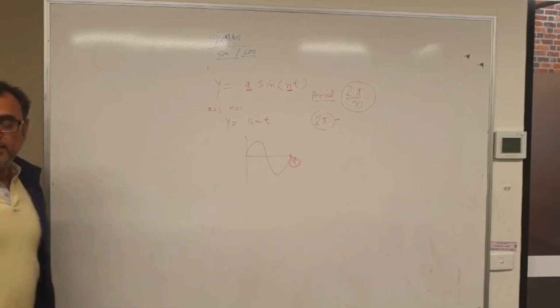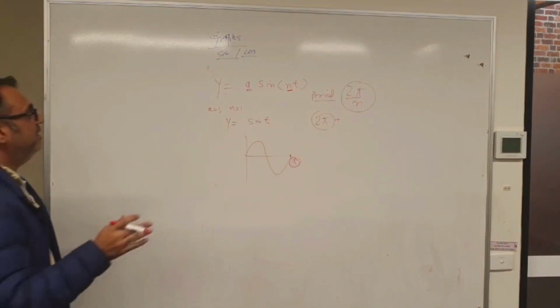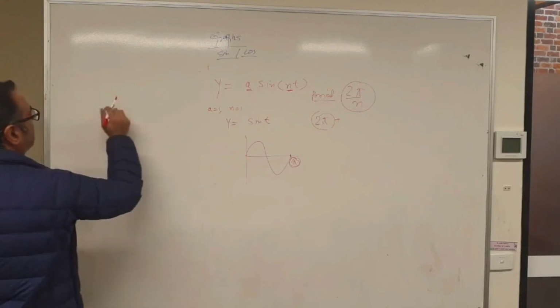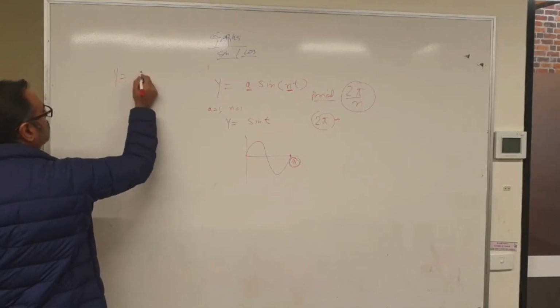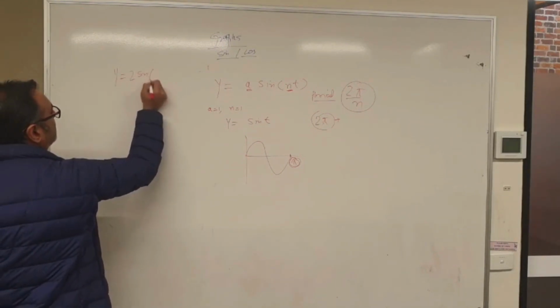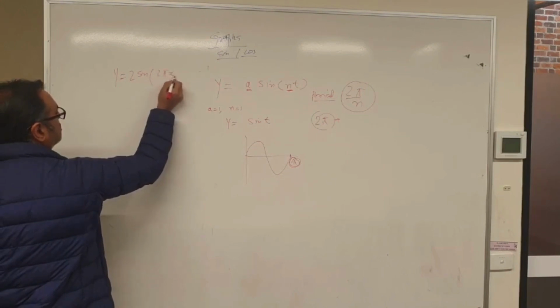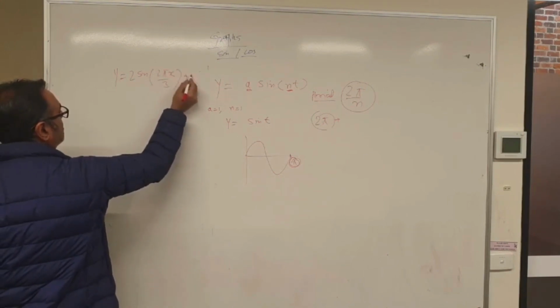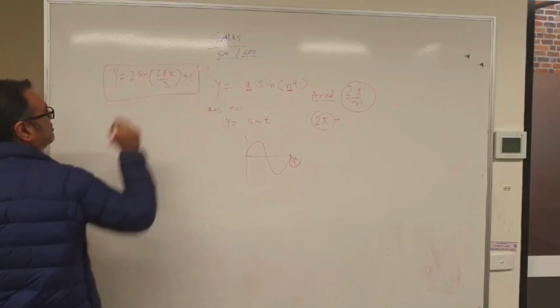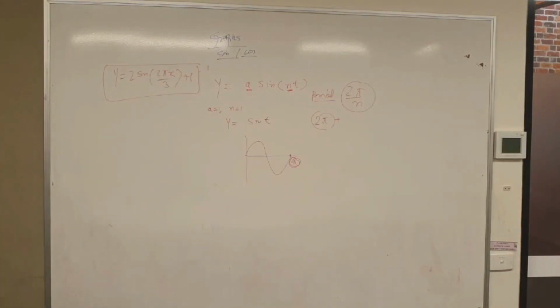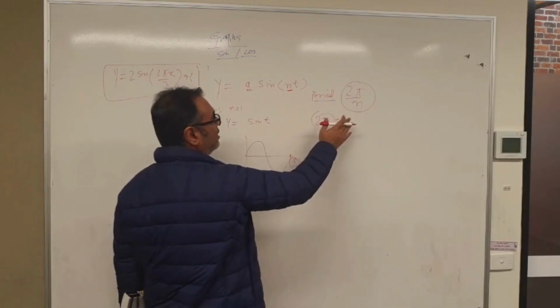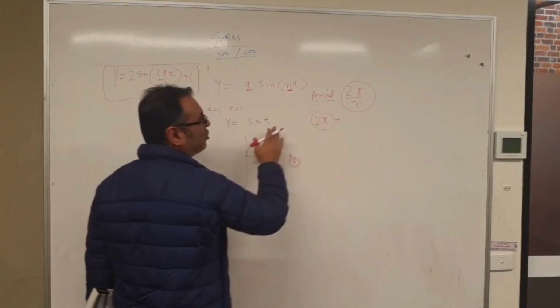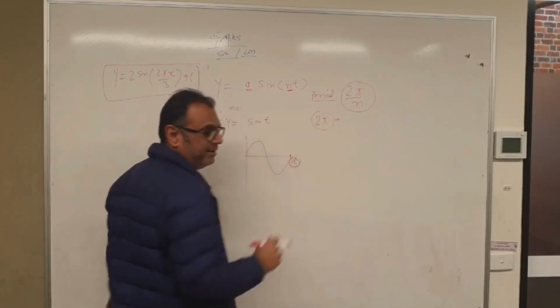Now the question that we did right at the beginning, I think it had something like y equals 2 sine 2 pi x over 3 plus 1. And we were asked to find the period of the graph. So we use this formula. The period of any sine or cos graph is 2 pi over n.